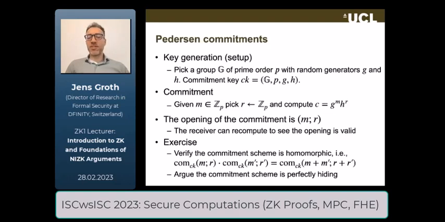In the Pedersen commitment scheme, you have a setup, which is a group of prime order p, and random generators G and H. To commit to a message M, you pick a randomness R, and then you compute the commitment as G to the M, H to the R. The opening of the commitment is then the message and the randomness. Once you send the opening to the verifier, it's very easy to check that this was indeed what was committed to. I'm not going to do this as an exercise because I don't have that much time.